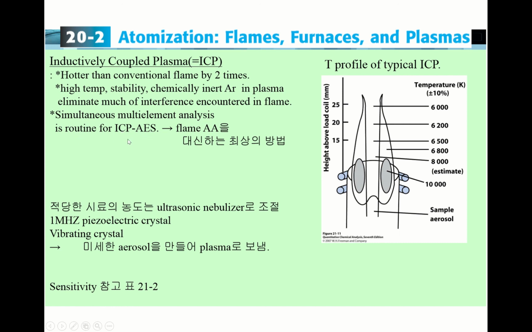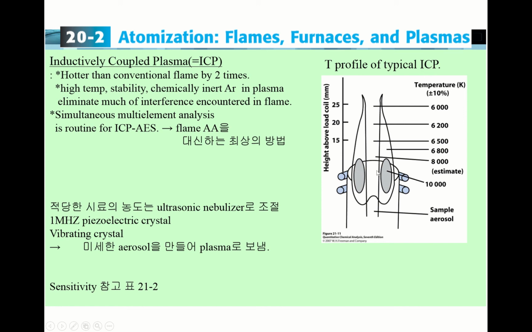At this extremely hot flame, all the elements are atomized, and the emission from those atoms is detected. So this ICP AES is much better than flame atomic absorption. But how do we achieve such a high temperature? That is done by the inductively coupled plasma here.